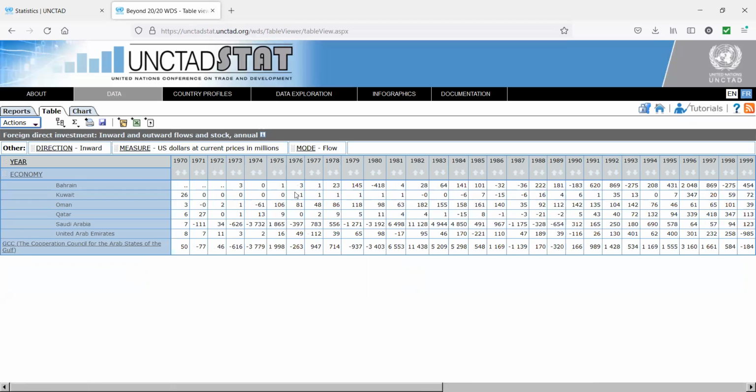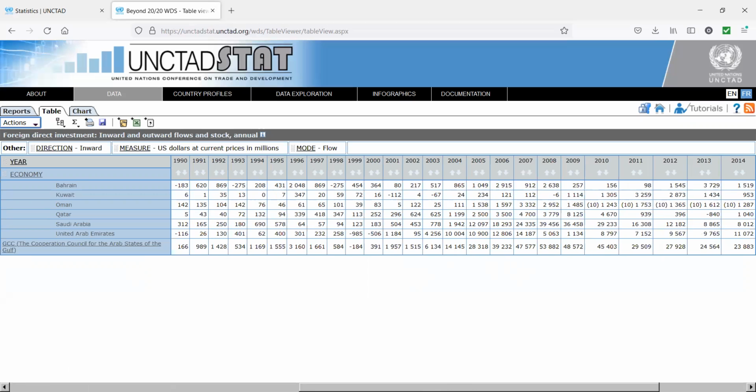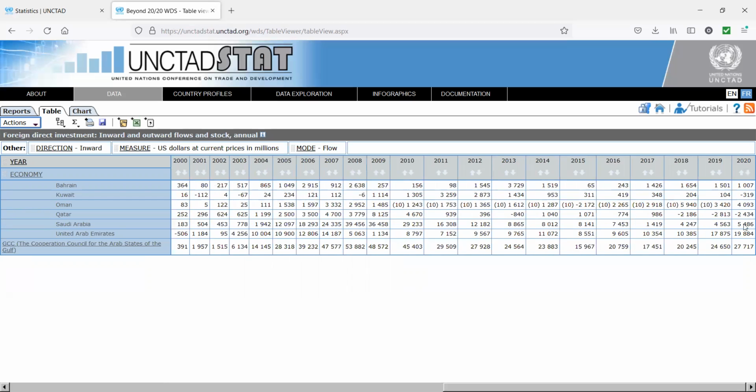So you see, we don't have data for all countries in relation to that, but if you go from 1980, 1990, or if you want to look at 2000, until 2020, and then you'll be able to download the Excel sheet.